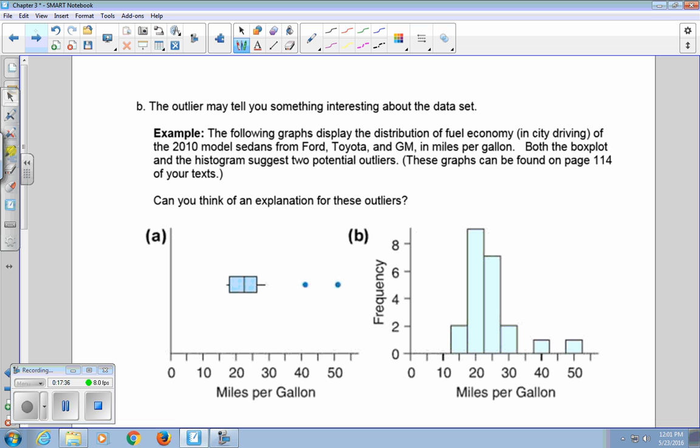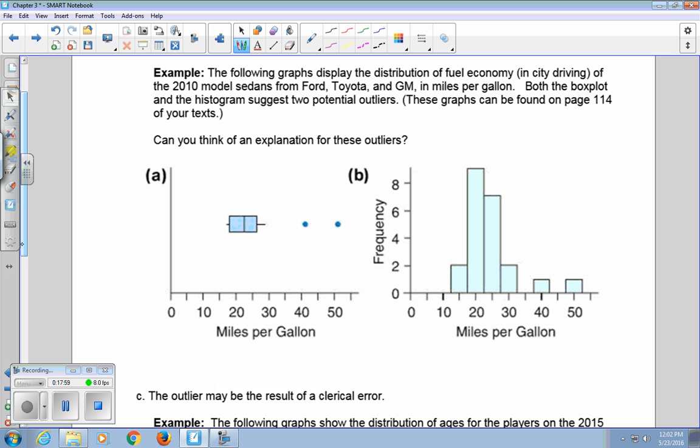The outlier may tell you something interesting about the data. The following shows the distribution of fuel economy in driving the 2010 model sedans from Ford, Toyota, and GM in miles per gallon. So here are a box plot and histogram again. And so we have 2 potential outliers.